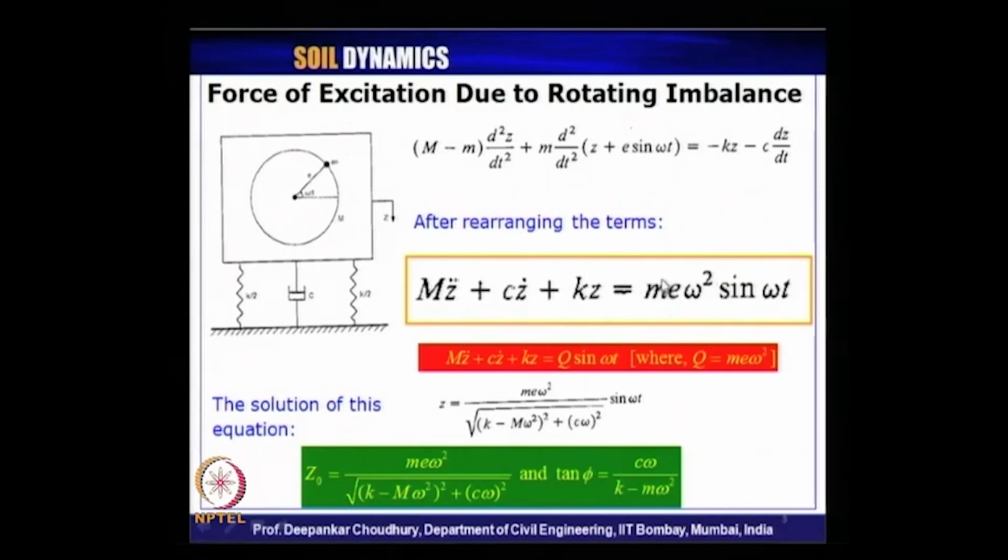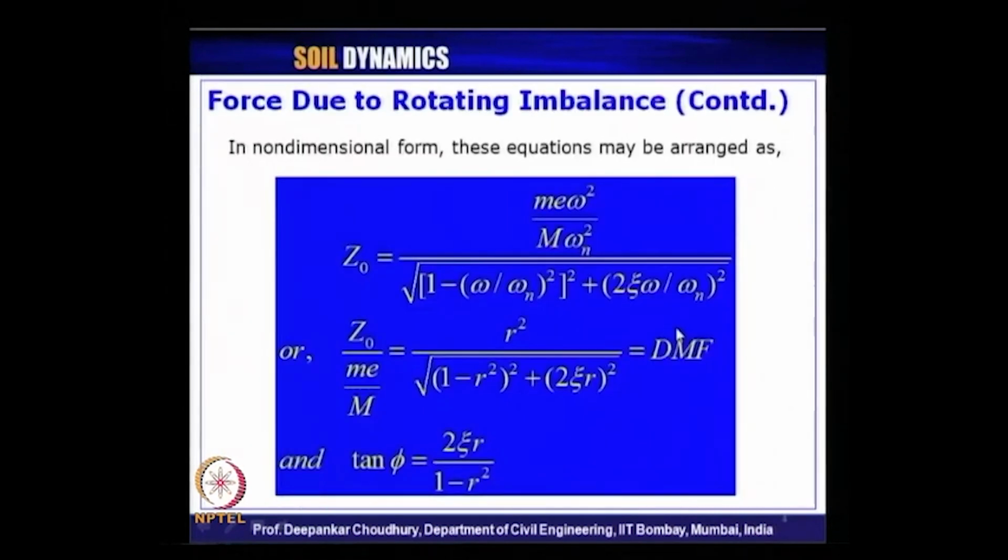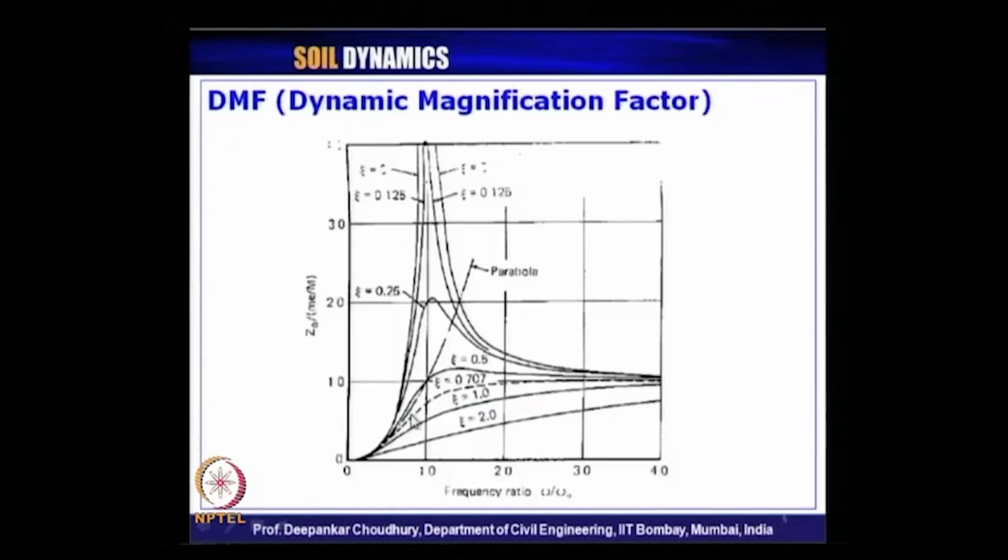That is, mass of the rotating component times the eccentricity times the square of the exciting frequency is the amplitude of that exciting load. From which we have seen how we can express the dynamic magnification factor, and how it varies with respect to the frequency ratio.